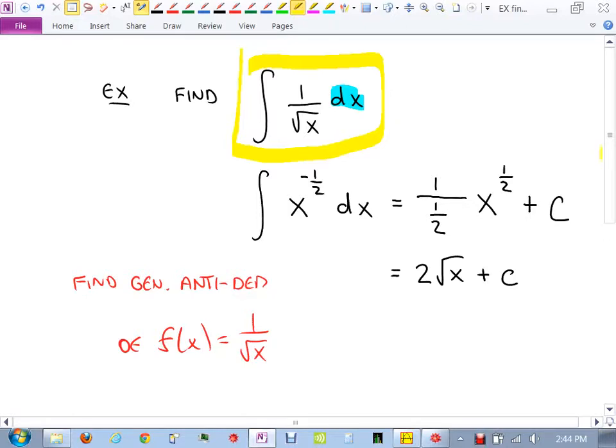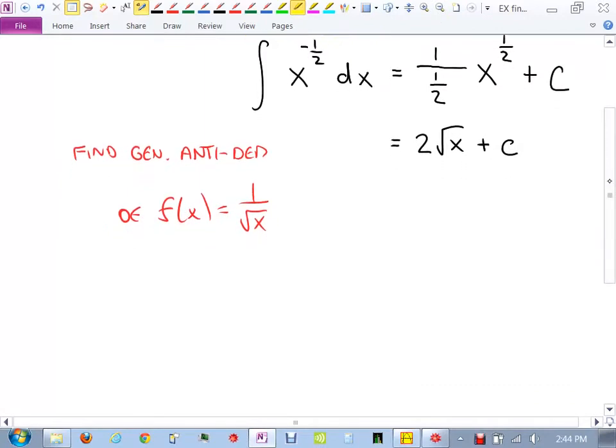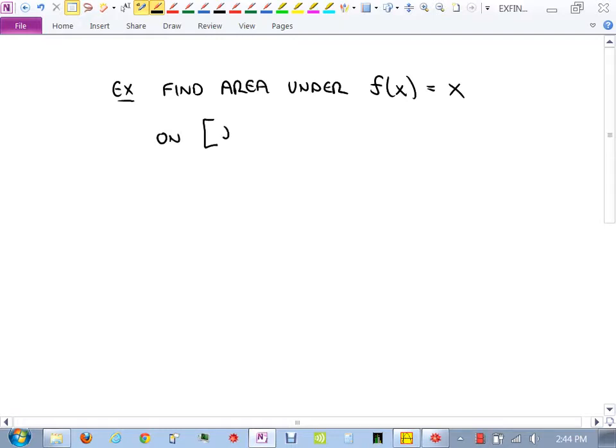so check this out. Next example. Find the area under f of x equals x on the interval 0, 2.